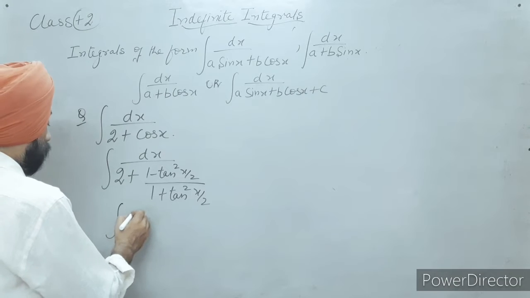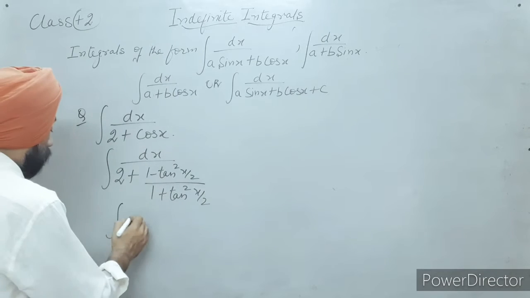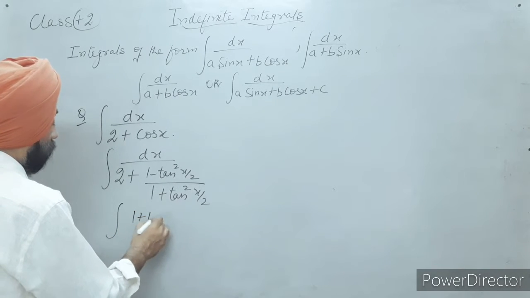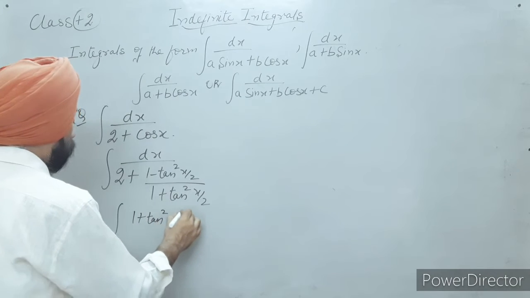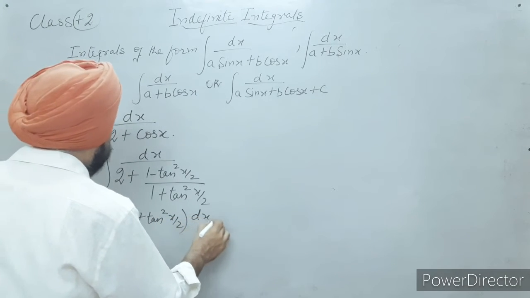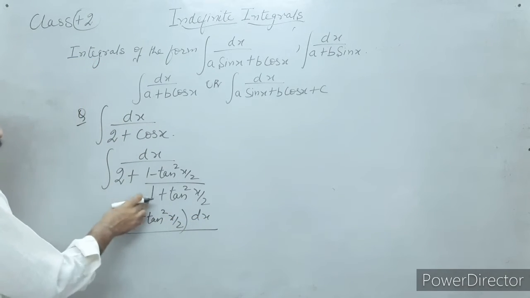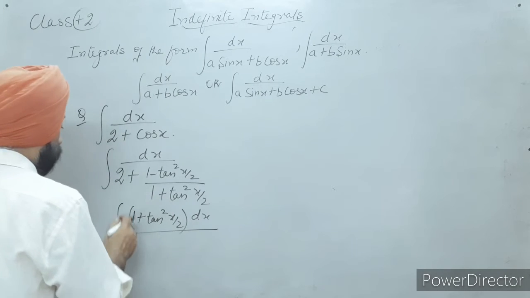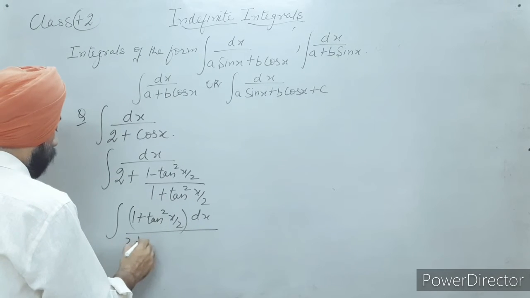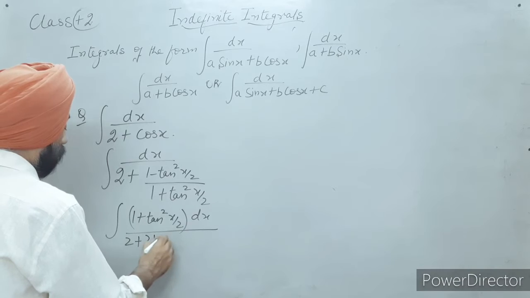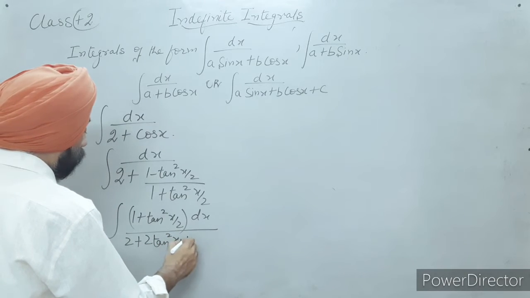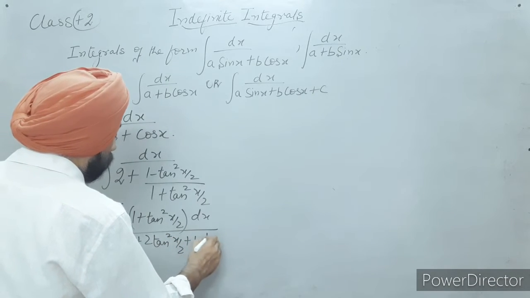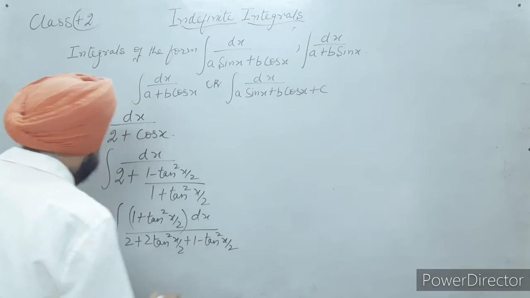This becomes, it will come in the numerator, it becomes this divided by 2 plus 2 tan square x by 2 plus 1 minus tan square x by 2.